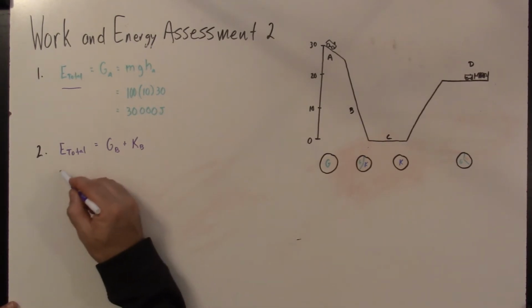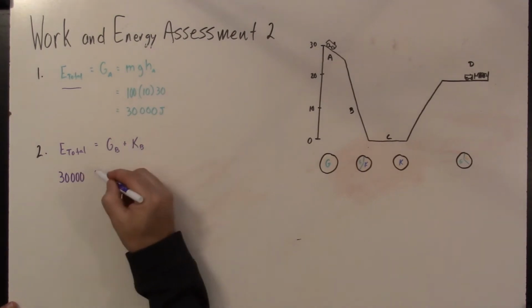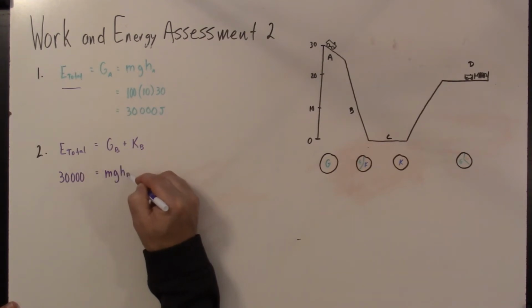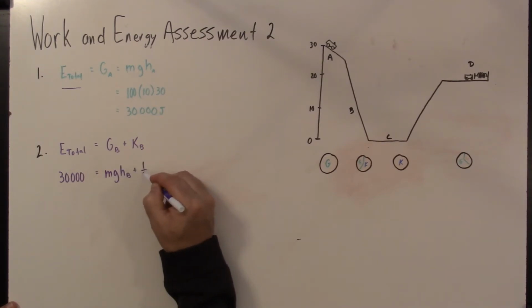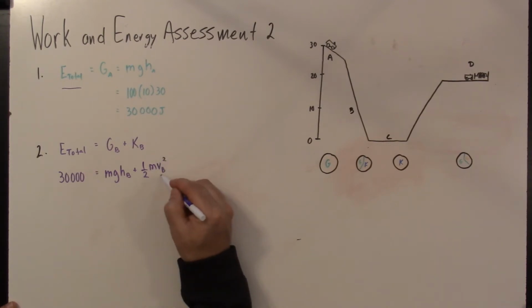We know the E total is 30,000 from here. The gravitational energy here is mgh at B plus 1/2 mv_B squared. And this is what we're trying to solve for.